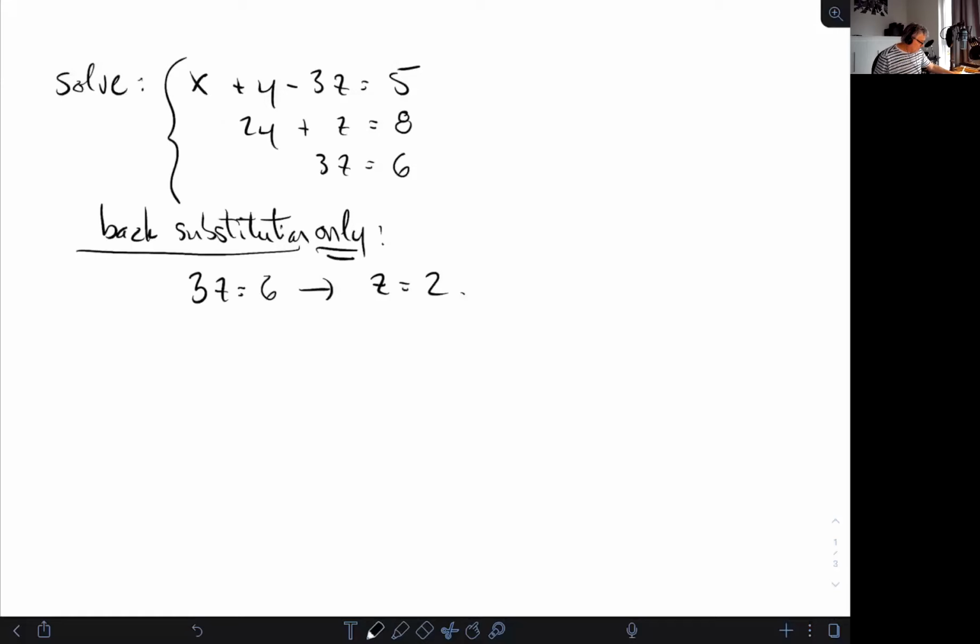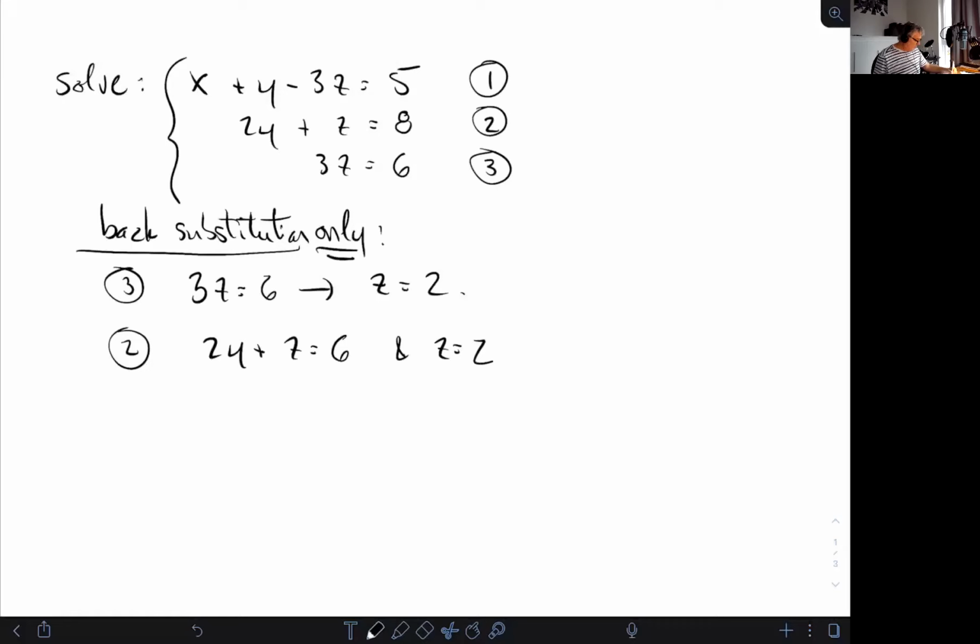Let's number these. This would be equation 3, equation 2, equation 1. So I start with 3, then I go to 2. I've got 2y plus z equals 6. But now I know that z is equal to 2. So this gives me 2y plus 2 equals 6, and so 2y equals 4 and y equals 2, right?